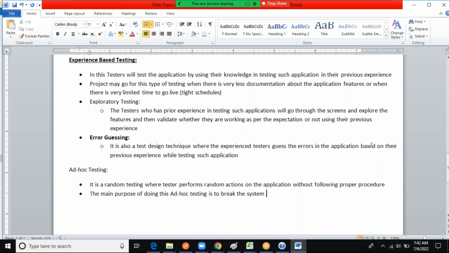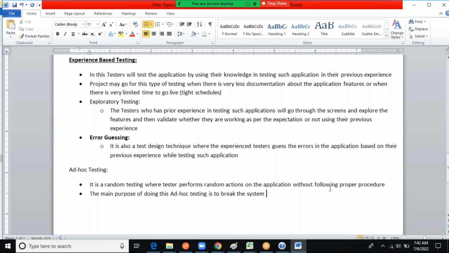If I am performing these irregular actions or improper steps on the application, whether it is hanging or not, or producing any unexpected errors, or crashing, these different aspects you will check when you are doing ad hoc testing.